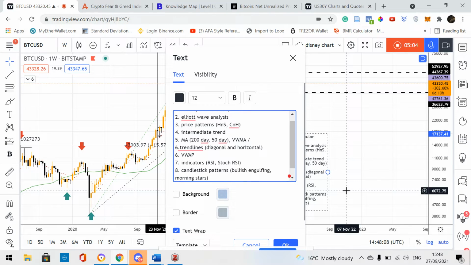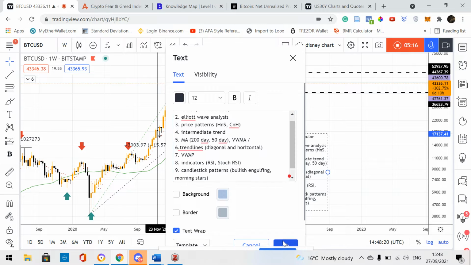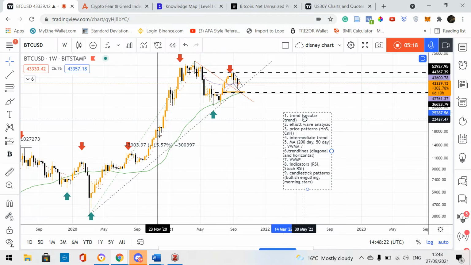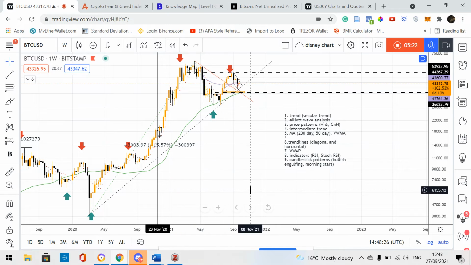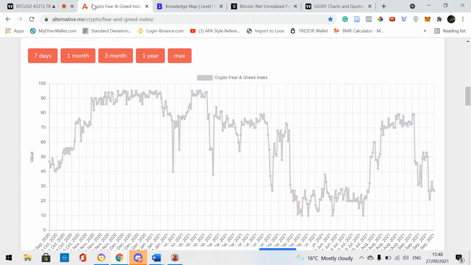Now, what I want to stress again is that this is my strategy, how I basically analyze the chart and the market. I try to understand it as best as I can, and then if these different indicators line up, I then use the crypto fear and greed index, and then I will check, for example, November.